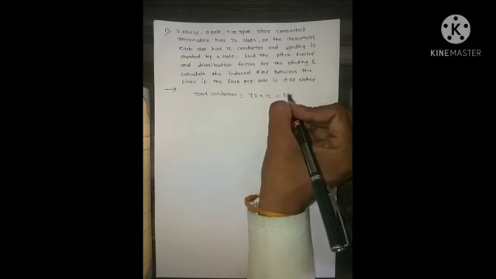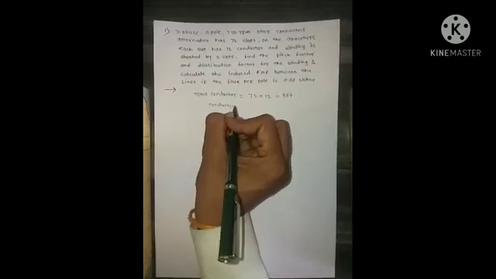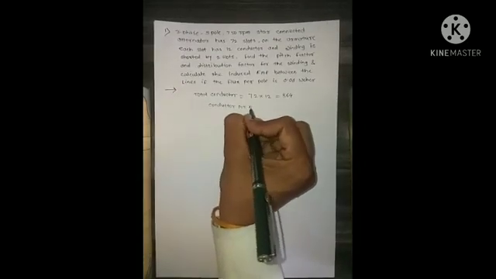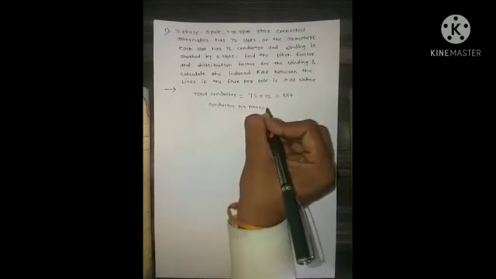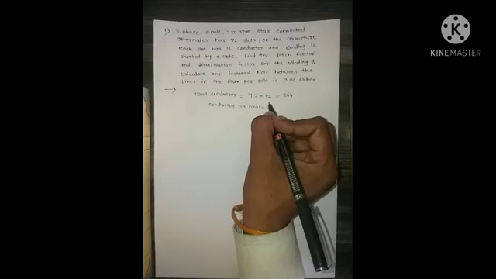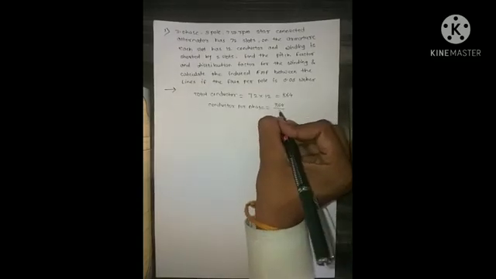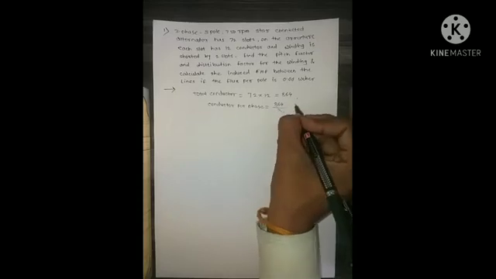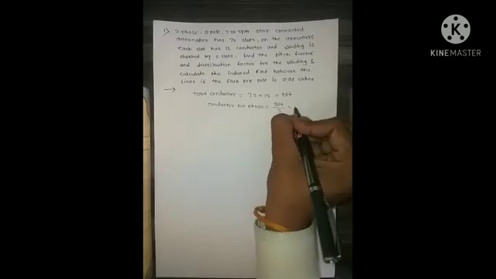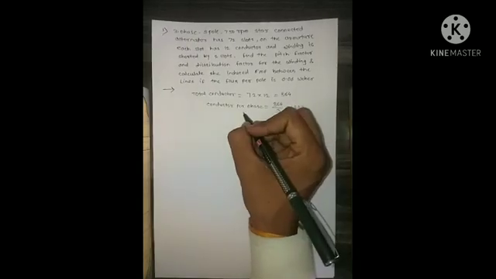After that, we have to calculate conductors per phase. There are 3 phases, therefore conductors per phase is the total number of conductors divided by the number of phases, that means 864 divided by 3, and we will get 288 conductors per phase.